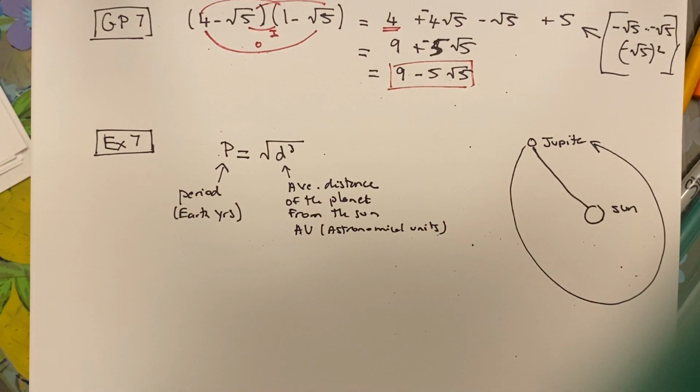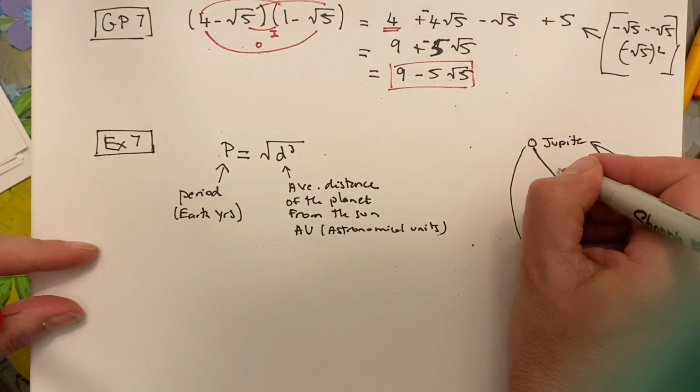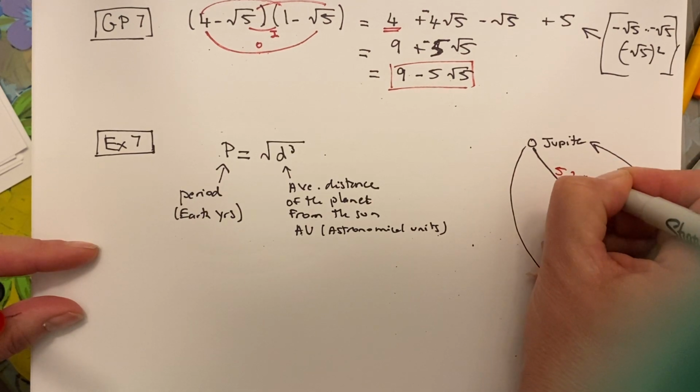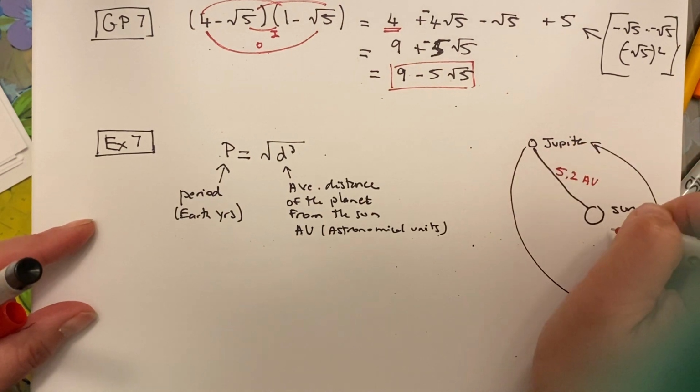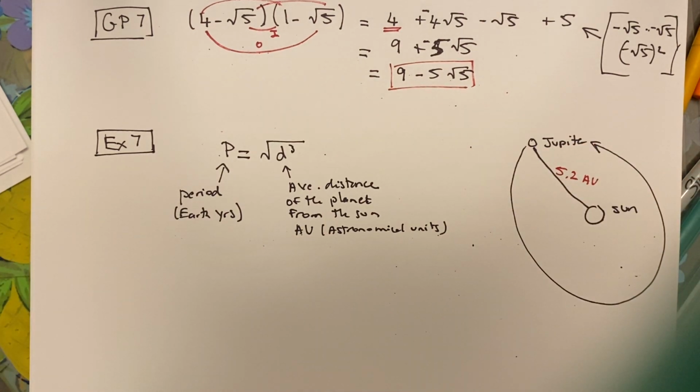Okay, so here's our equation. Now, if you'll look at the drawing, they added a label to the distance that they're calling 5.2 AU. So this distance here from Jupiter to the sun is 5.2 astronomical units.